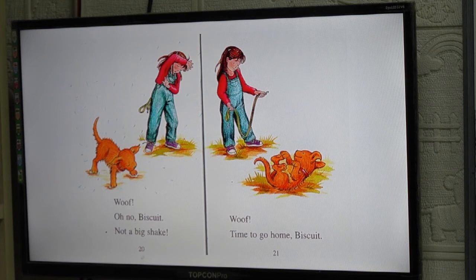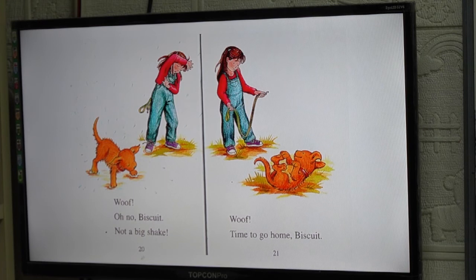Biscuit has got wet because he fell into the pond. Splash! Silly Biscuit. He is all wet. Woof! Oh no, Biscuit, not a big shake. Jane is getting a bit annoyed because she's getting wet from Biscuit's shake, as he's shaking his body to get himself dry.